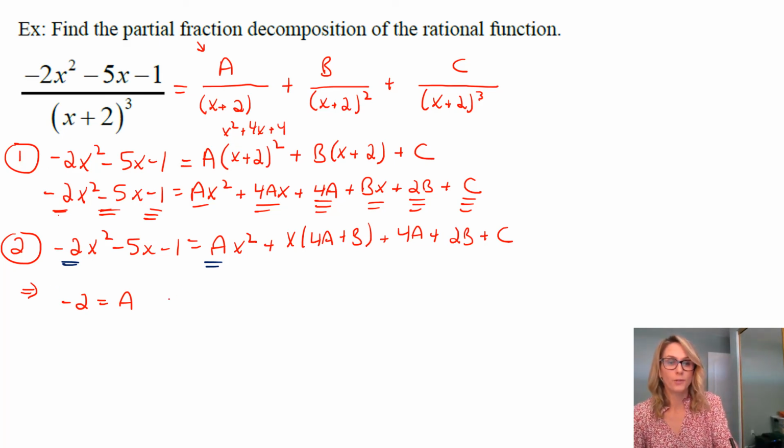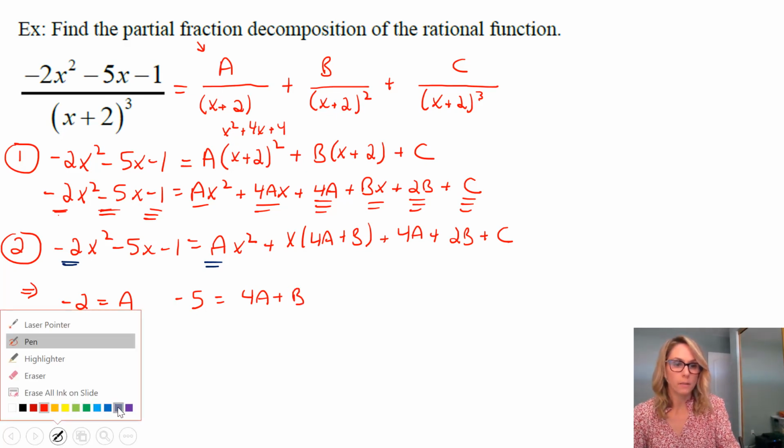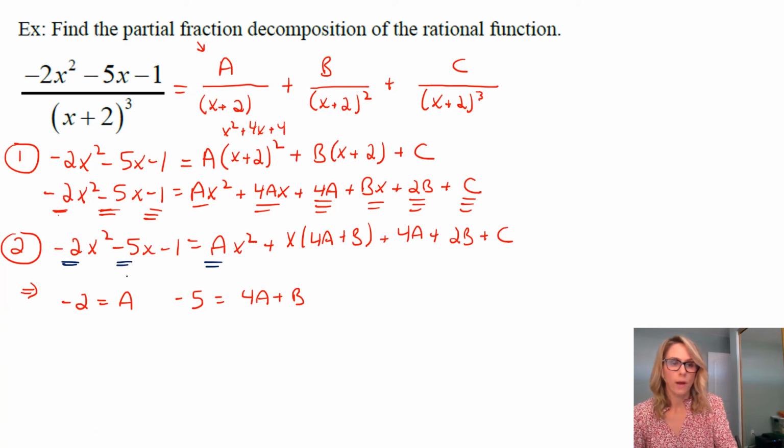Now, we also know that negative 5 needs to equal 4a plus b. And that's, of course, because this minus 5 is what's in front of the x.